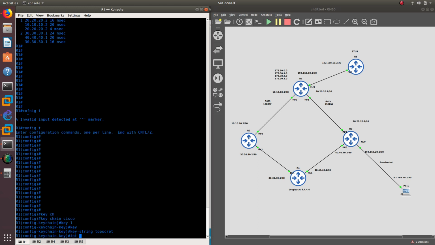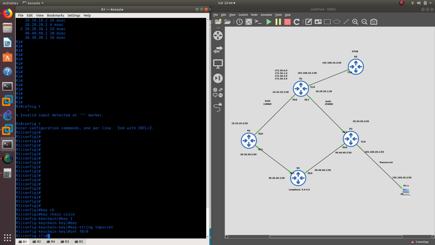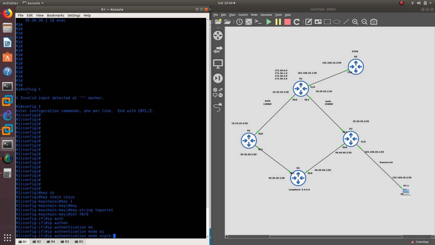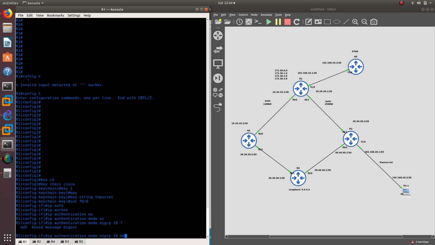Now let's go ahead to interface FastEthernet 0/0. From here, we go to ip authentication mode eigrp, and we call the EIGRP autonomous system we're using, which is 10, and then call it md5.